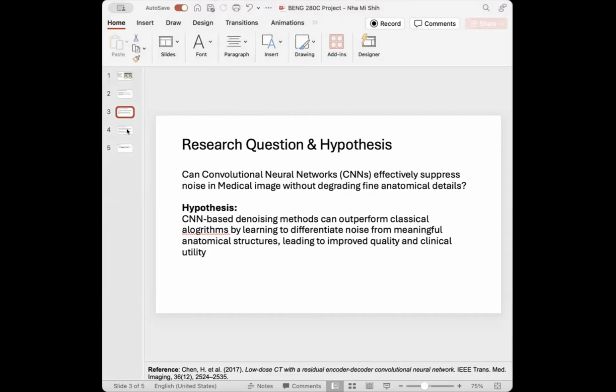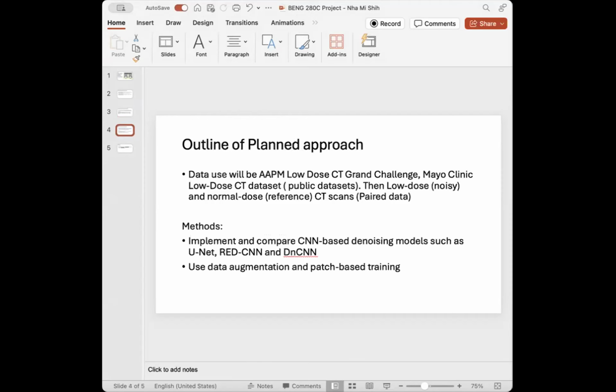Then moving on to how we decided to outline and plan this approach. To test this hypothesis, we plan to implement and compare three widely used CNN architectures, which are the UNet, the RED-CNN, and the DnCNN. The UNet, originally built for biomedical segmentation, has proven effective for denoising due to its encoder-decoder design and skip connections that help preserve spatial detail.